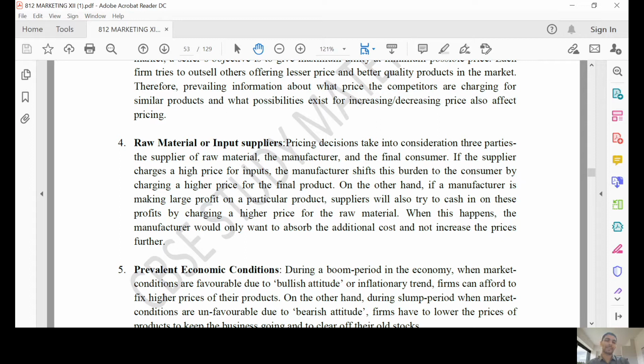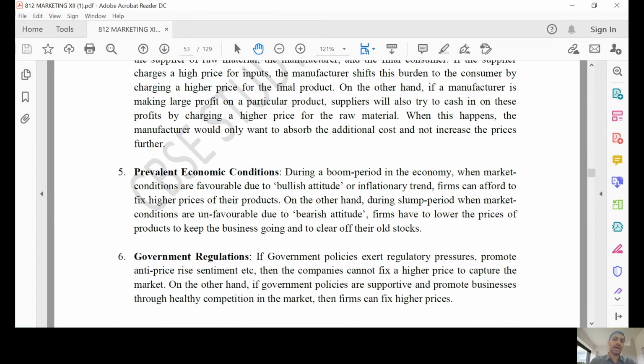If suppliers are increasing the price, the manufacturers will be in a difficult position, and they have to increase the price. And the economic condition. If the economic condition is not good, in that case the company will be in trouble. They have to reduce the price.